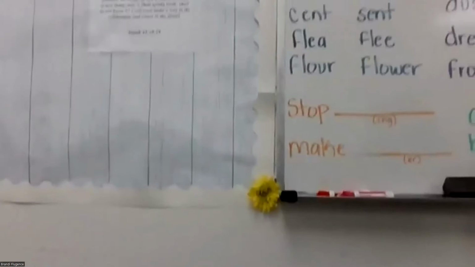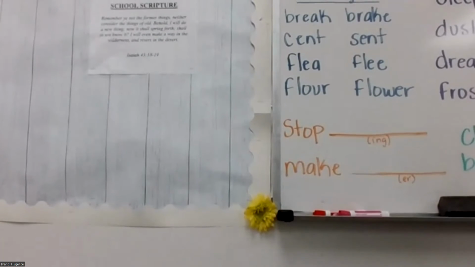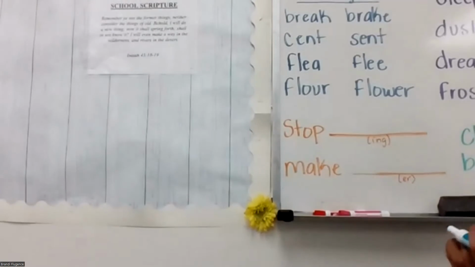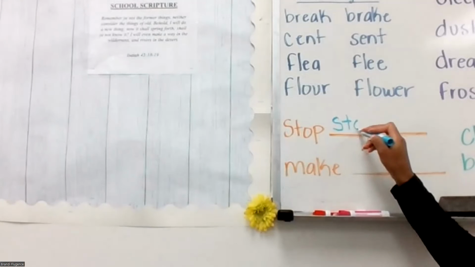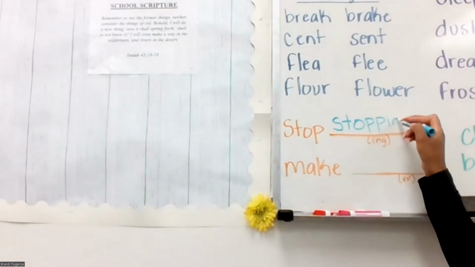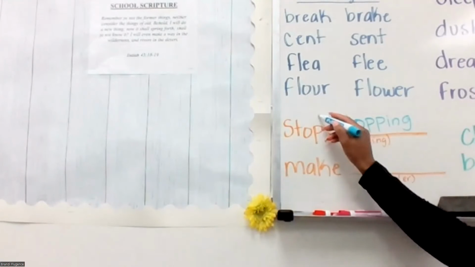All right, let's look at my words here. I have stop and I want to turn it into stopping. Can anyone tell me what I need to do? What's my rule, Kinley? Double the consonant.